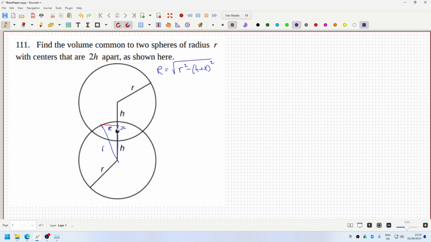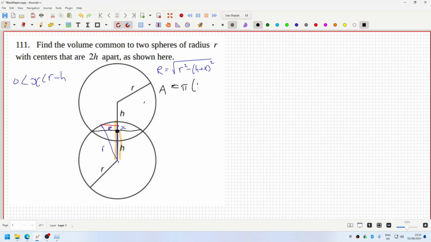Now, this full distance is R, and then this distance here is H. So the X would have to go from 0 to R minus H. And if I just split this in half and double it, the area of this circle is pi R squared.